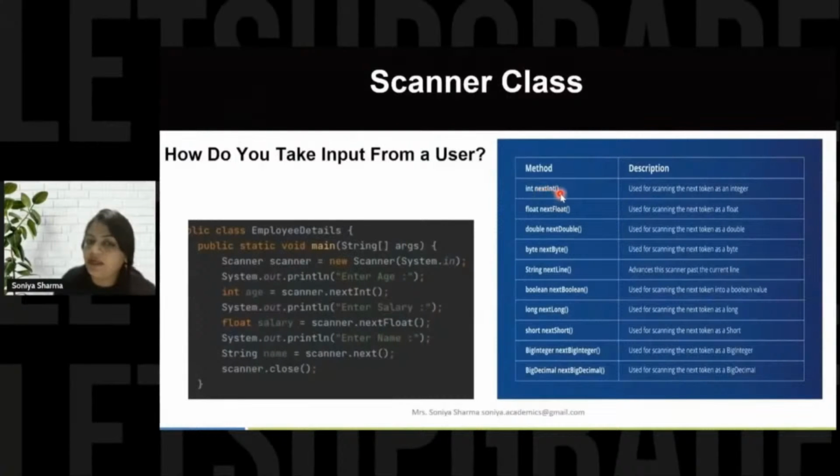If you want to take an integer, you can use nextInt, nextFloat, nextDouble, nextByte. nextLine will read the string along with the spaces. Boolean, long, short, whatever you want to read, you have methods for that, and all the methods are clubbed here in the PPT for which you will be getting access.